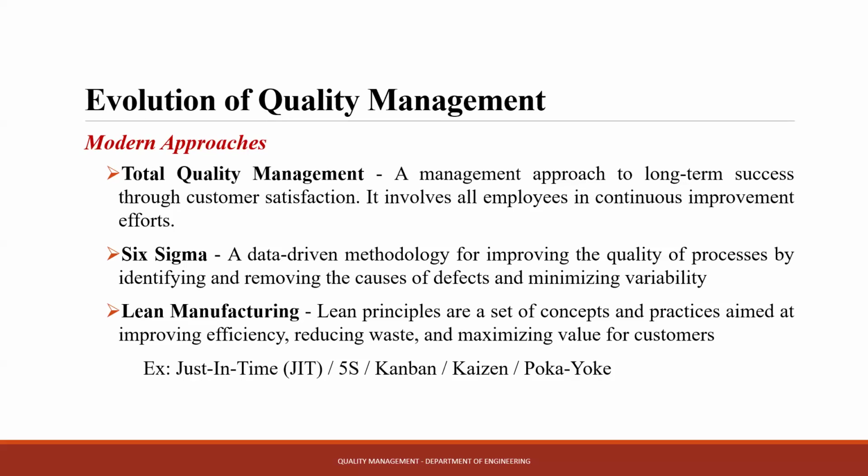So we use special approaches like the DMAIC approach, right? And another one is called the DMADV approach, right? There are 5 terms in each. Define, measure, analyze, improve, and control is the DMAIC approach.